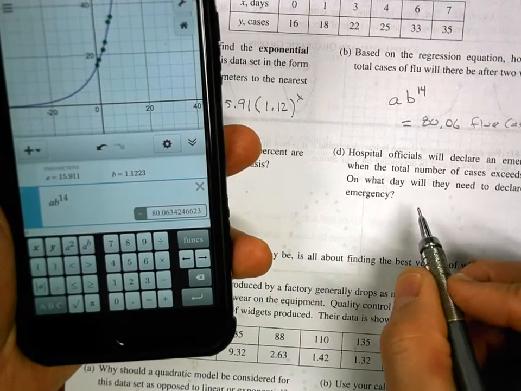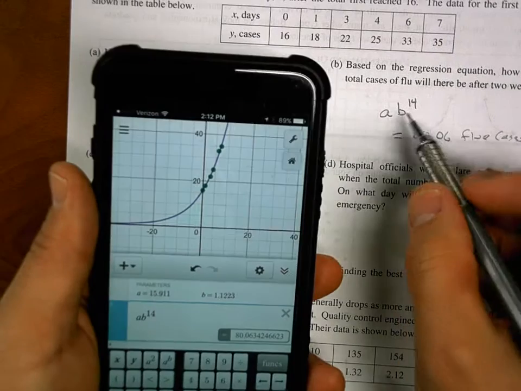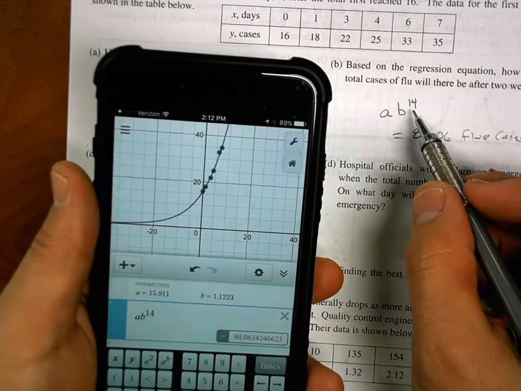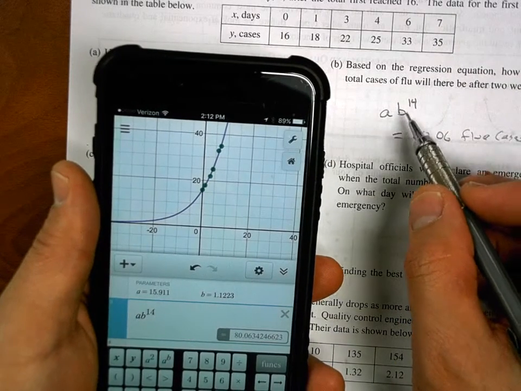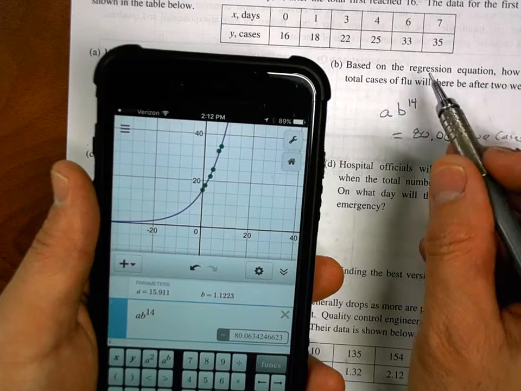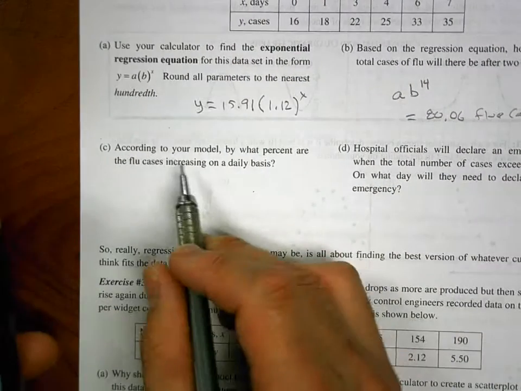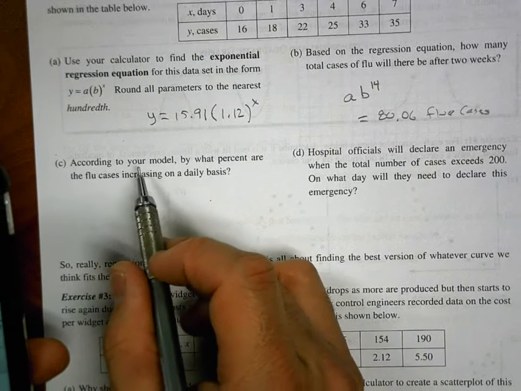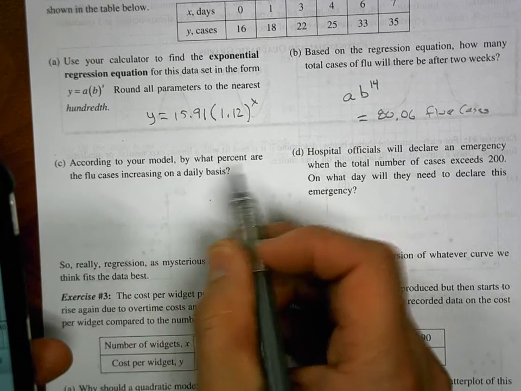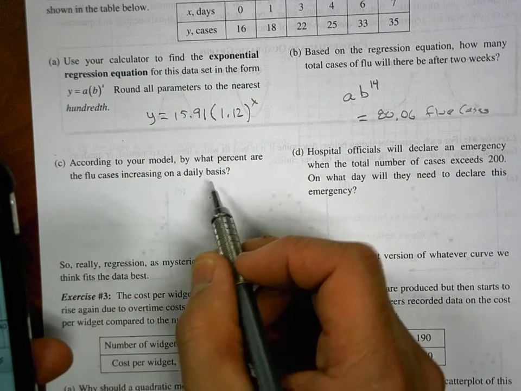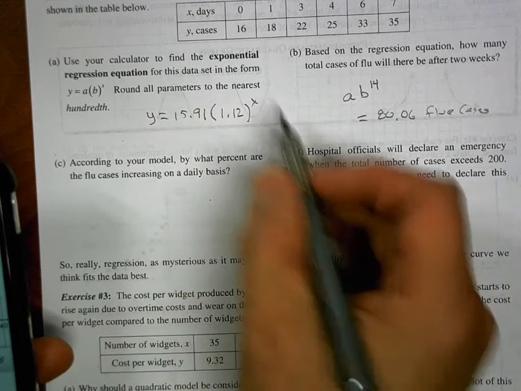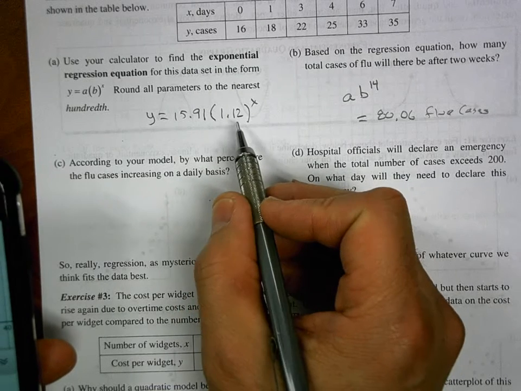So this is exponential growth. If you go further out, like 3 weeks or 21 days, it's going to go way high, skyrocket. Okay, C. According to your model, by what percent are the flu cases increasing on a daily basis? Since this is bigger than 1, it's a growth.